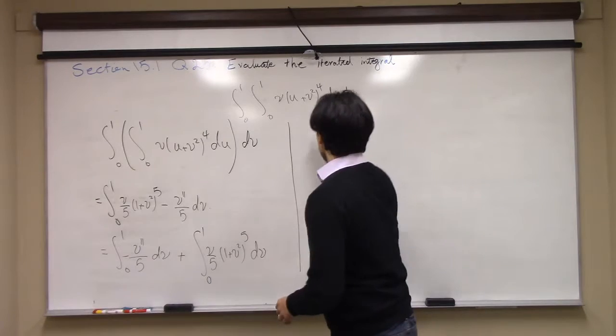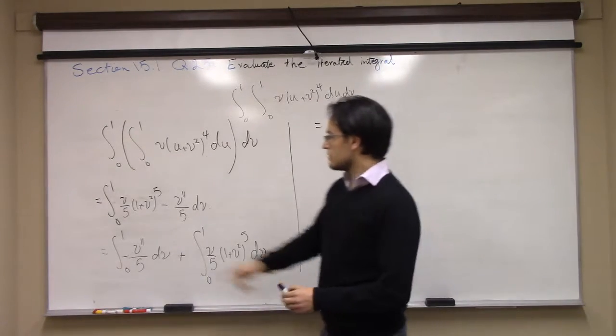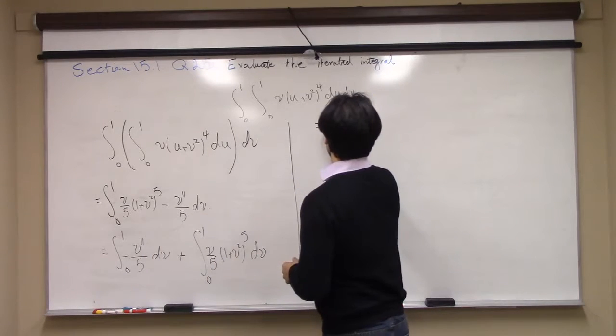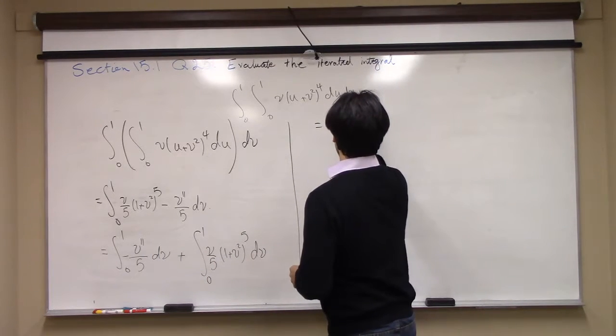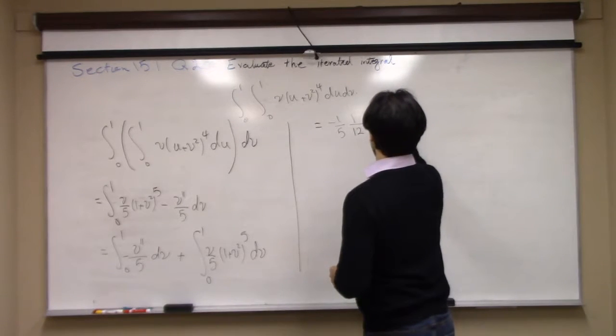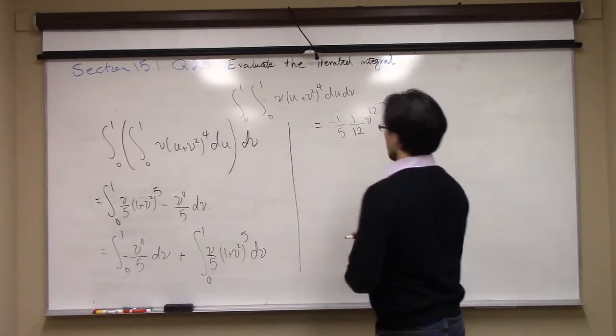Okay, so I'm going to do each integral separately. The first one here is just the power rule. I have v to the power 11 dv, so the antiderivative of that is 1 over 11 plus 1, which is 12, v to the power 12, going from 0 to 1.